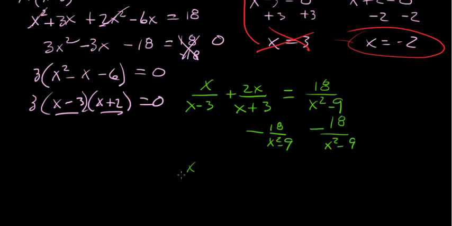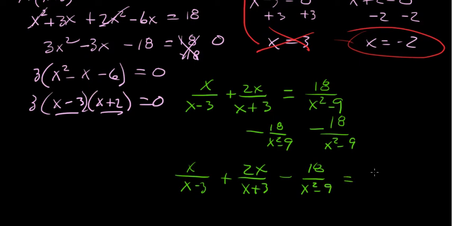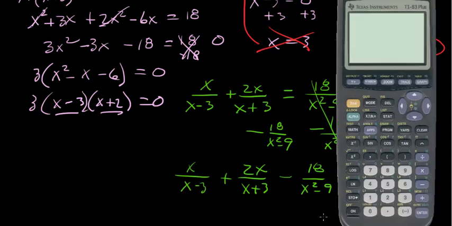And so I get x over x minus 3 plus 2x over x plus 3 minus 18 over x squared minus 9 equals 0. Now I can put that into my calculator, and let's see if we can get that.